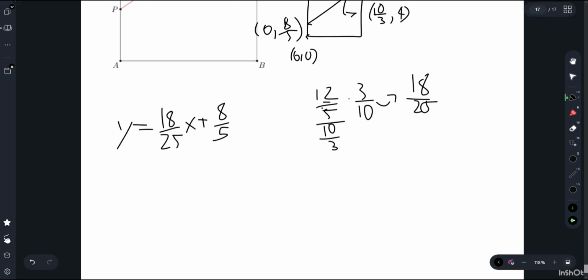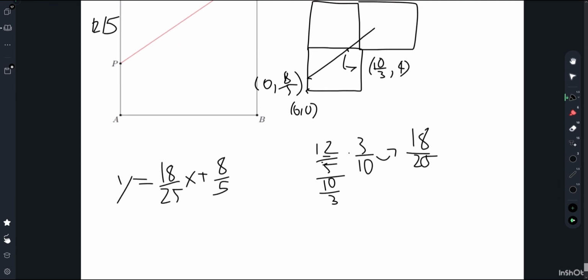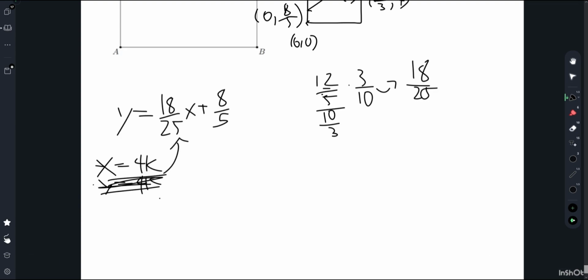Now we want to find the first intersection of this line with one of the square lines, and the square lines are always going to be in the form x is equal to 4k, y is equal to 4k as well. So they all have to be divisible by 4. So let's plug in x equal to 4k in here. Then we get y is equal to 72k plus 40 all over 25.